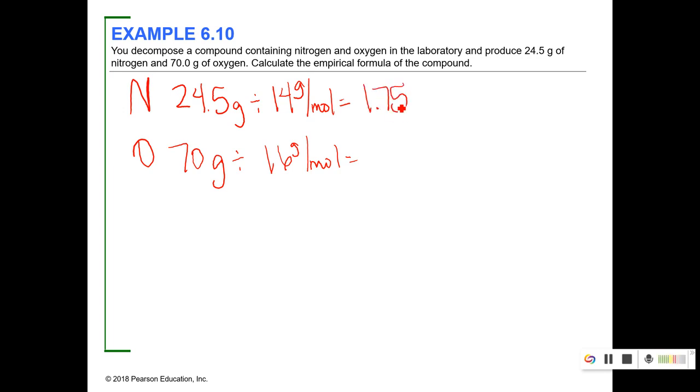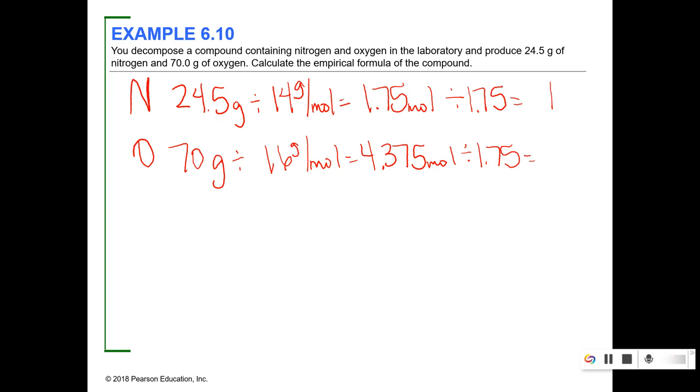We get 1.75 moles and 4.375 moles. At this point, you do need to keep at least 4 numbers if it keeps going in your calculator, because if you cut off too soon, it messes with your values at the end. All right, we're going to divide by the smallest, which is 1.75. This is so we get whole numbers out of it.